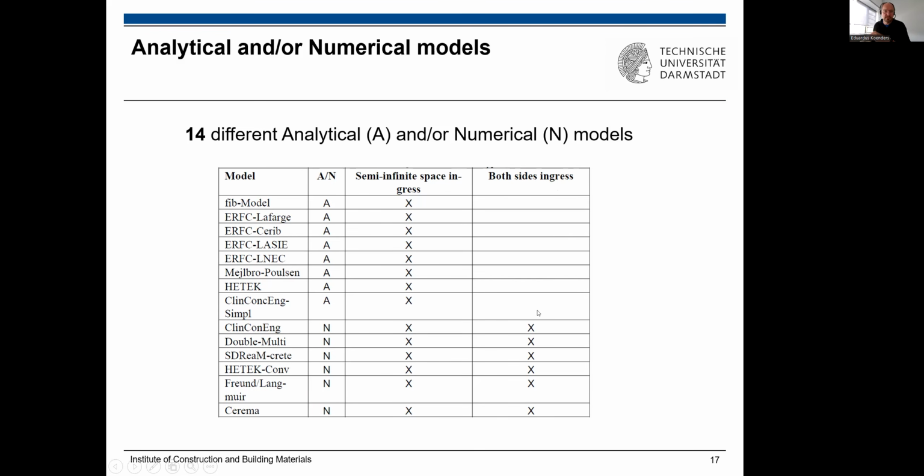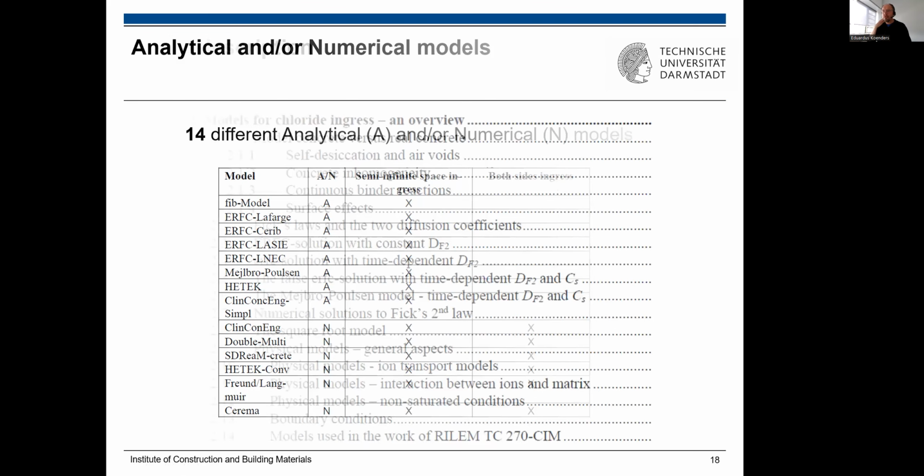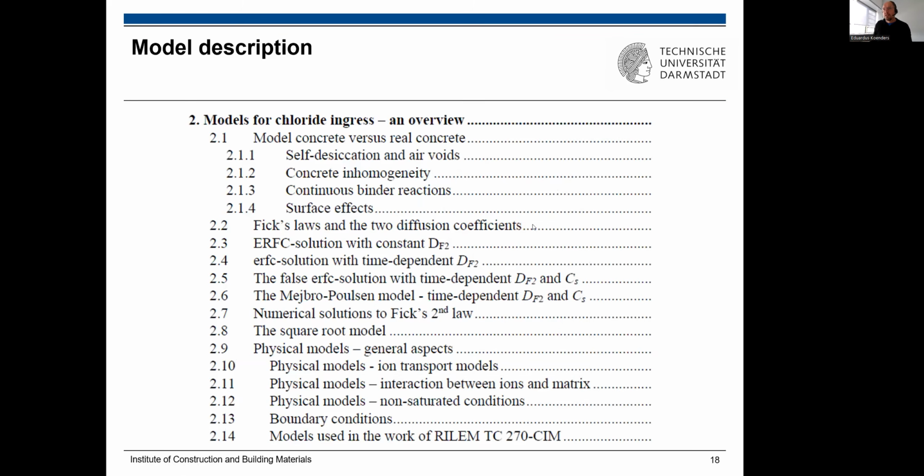All the details on this are, of course, in this state-of-the-art report, chapter 2. We discussed chapter 2 a lot, how to set it up, but finally we decided to first give an overview of different models which can be used for chloride ingress modeling.